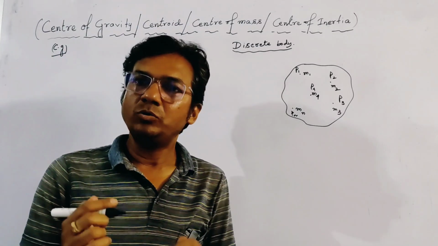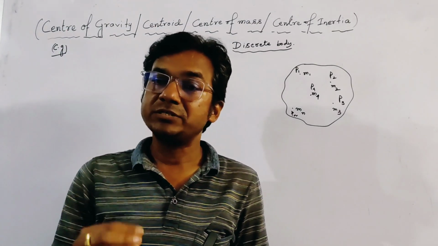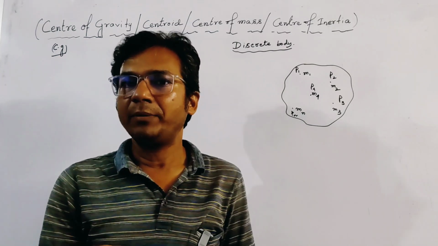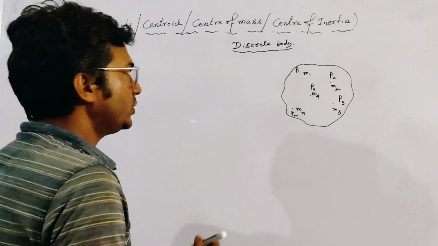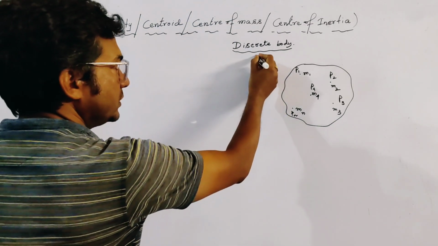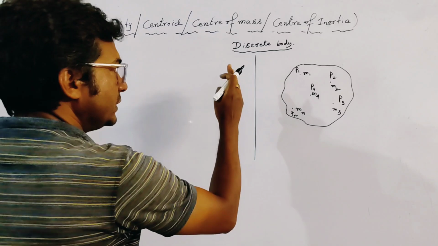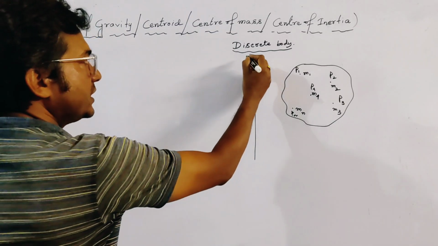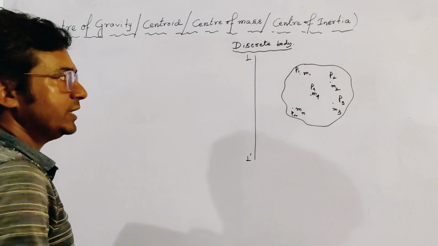Now we want to find the position of the center of gravity. To define the position of center of gravity, we must require a frame of reference. We want to find the center of gravity from a line, which can be named LLS.